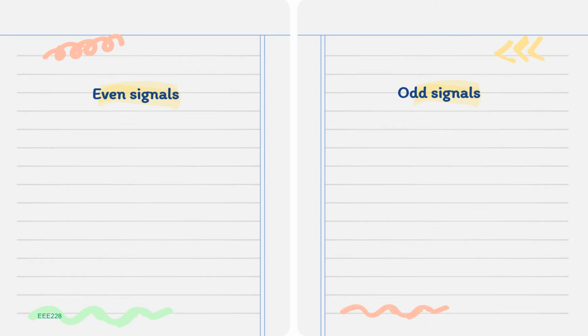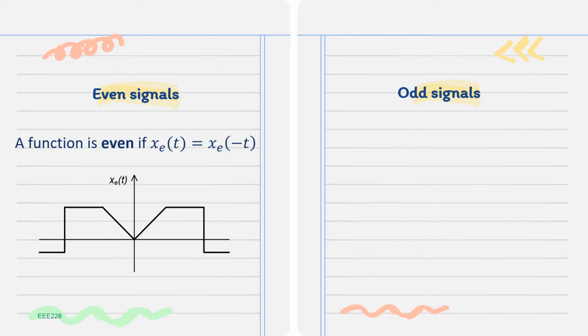Even signals and odd signals. A function or a signal is even if x(t) is equal to x(-t). This is an example of it.